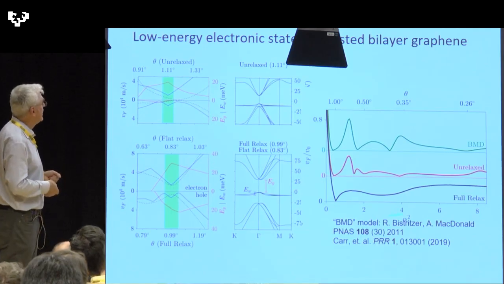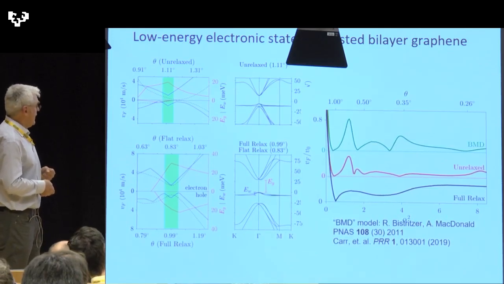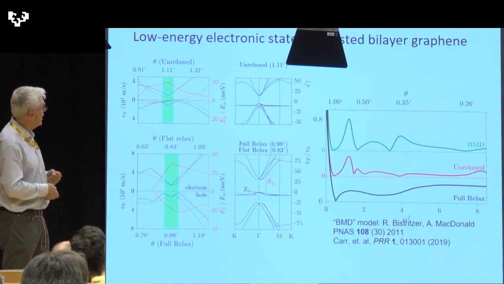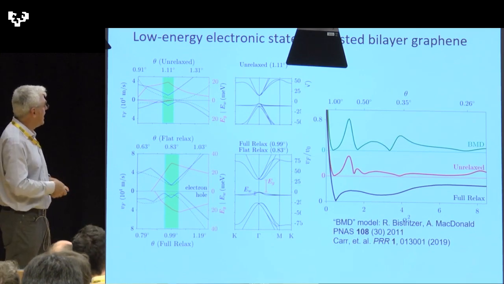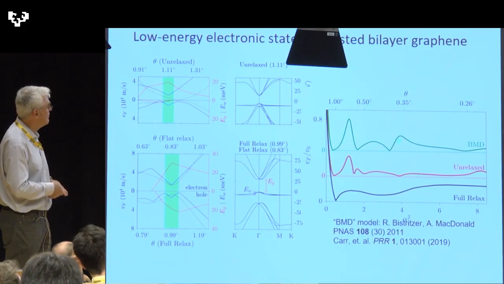Moreover, Alan McDonald and co-workers introduced a parameter. It's hidden here. It's called alpha square, which is essentially the inverse of the twist angle square. And as a function of this, they plotted the Fermi velocity, and you see that the Fermi velocity goes to 0 at several points.